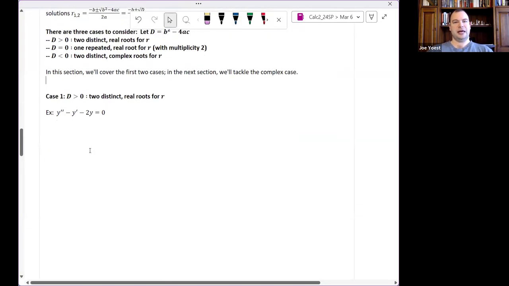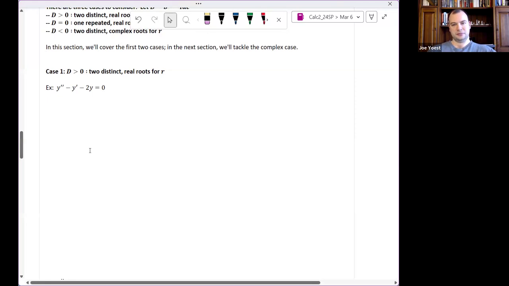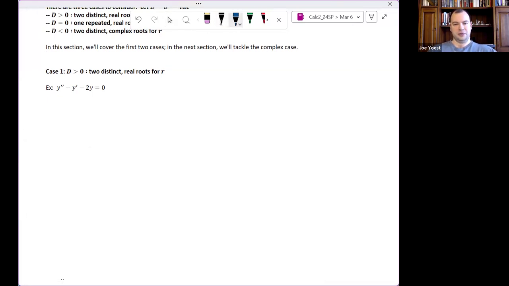Okay, so let's look at some examples of the first case, the most straightforward case with 2 distinct real roots for R. So again, we have our guess. Y equals e to the RT. Y prime is R e to the RT. Y double prime is R squared e to the RT.